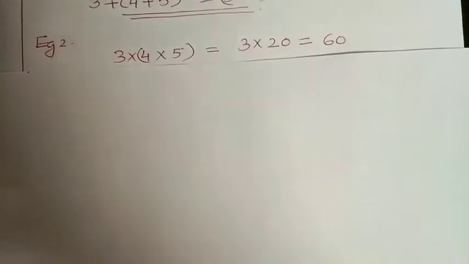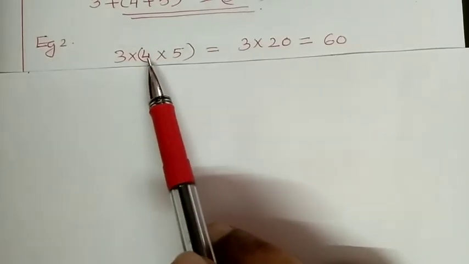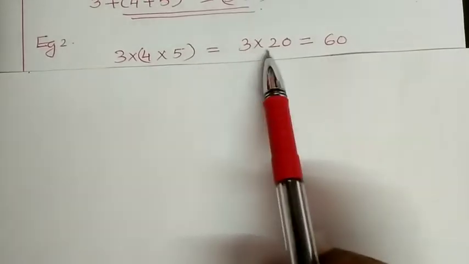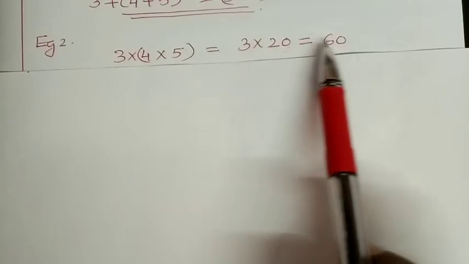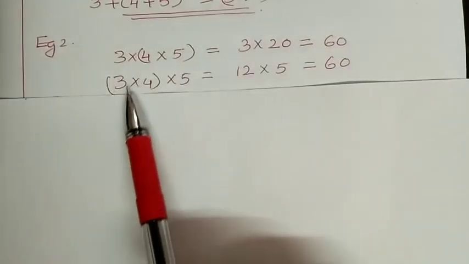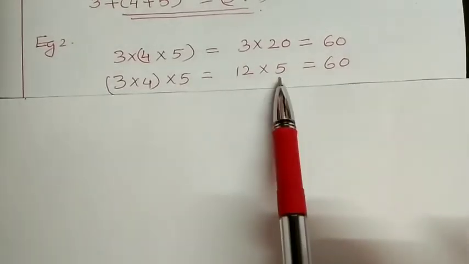Okay, and in the case of multiplication, 3 into 4 into 5: first you multiply the last two numbers, 4 fives are 20, then 3 into 20 is 60. In the next case, first you multiply the first two numbers, 3 fours are 12, and 12 into 5 is 60.